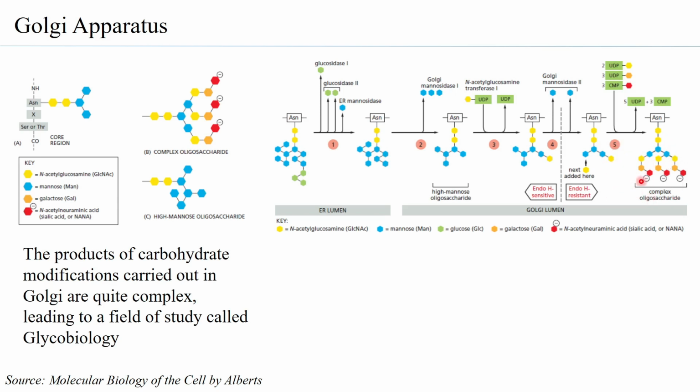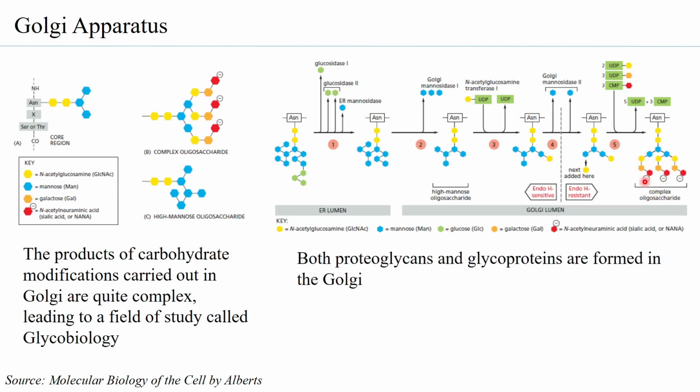In this complex oligosaccharide, you can see that when NANA, that is N-acetylneuraminic acid, which is also called sialic acid, is added, sialic acid is negatively charged. So the sugar moiety also attributes a negative charge to the protein, and that has a significant role.